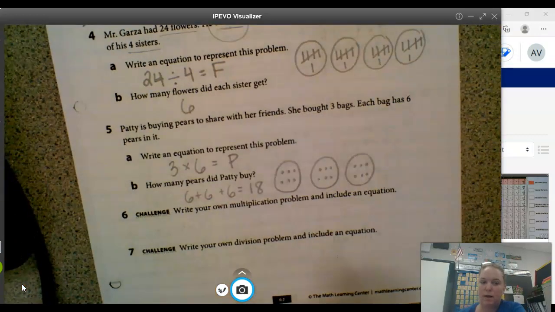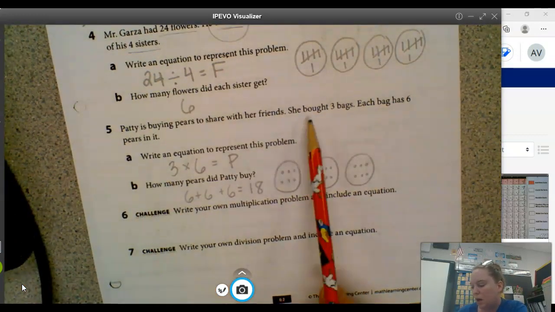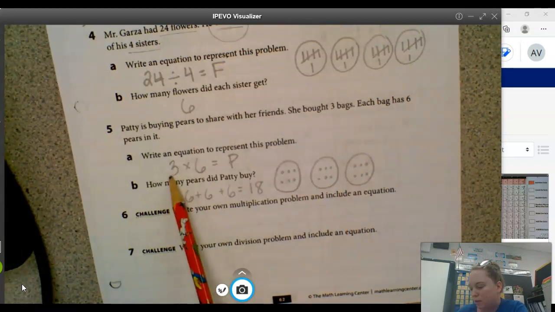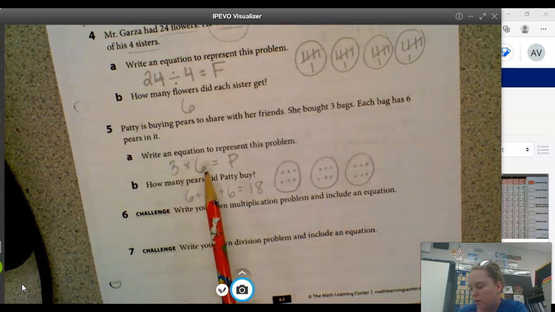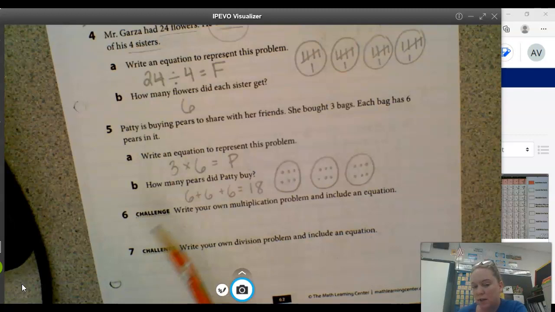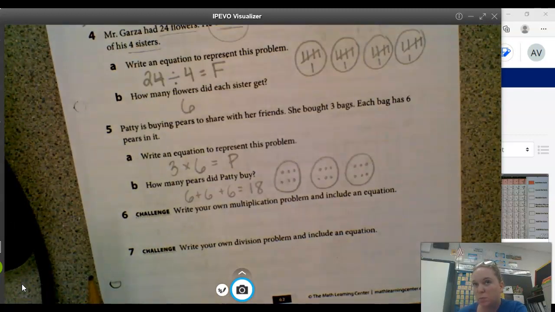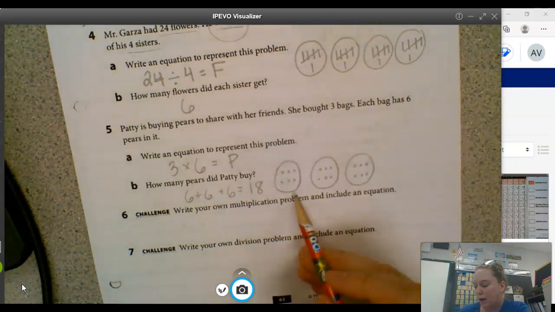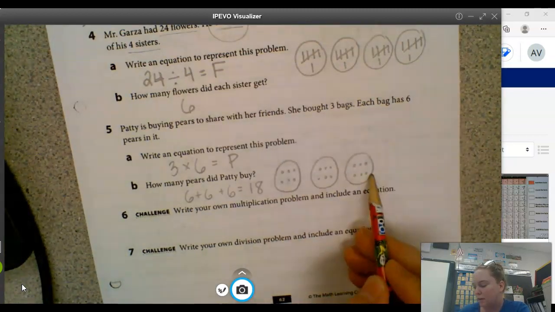Okay, here we are back with the answer. So 3 bags, okay, there's 3 groups of 6. Whenever I have groups of something, 3 groups of 6, I know that's going to be multiplying or dividing. So I drew it out and I said, okay, there's 3 bags.